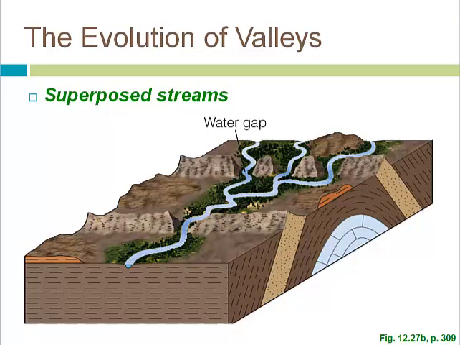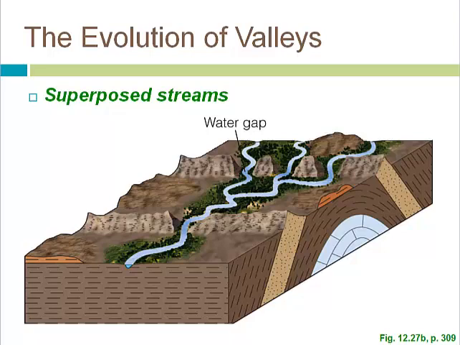I guess that was not well said, so let me restate that. Basically, a superimposed stream is a stream that has a specific channel, and as that channel erodes down, it may encounter underlying rock that isn't as easily eroded, but the stream keeps its course, following pre-existing lithologies that are no longer there.